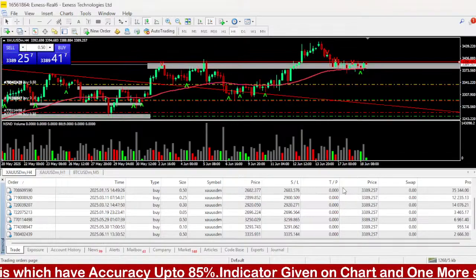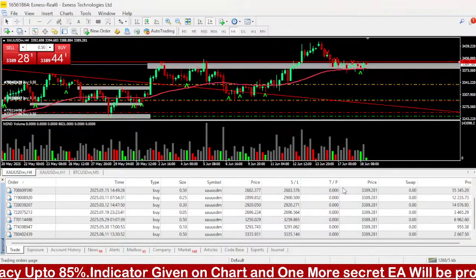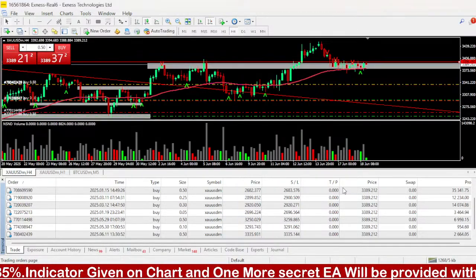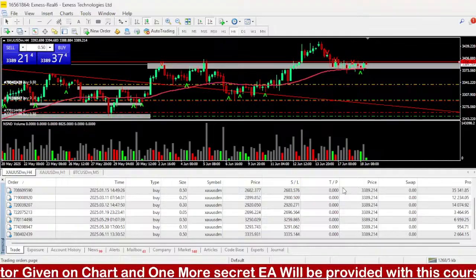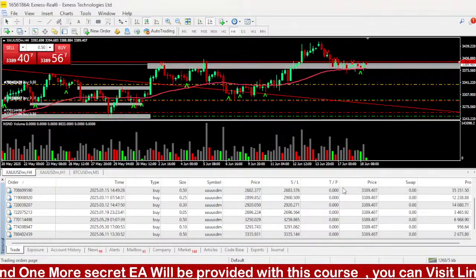Okay, so same is for demand. Demand means that there is demand available, there are people who are ready to buy, but there is less supply.